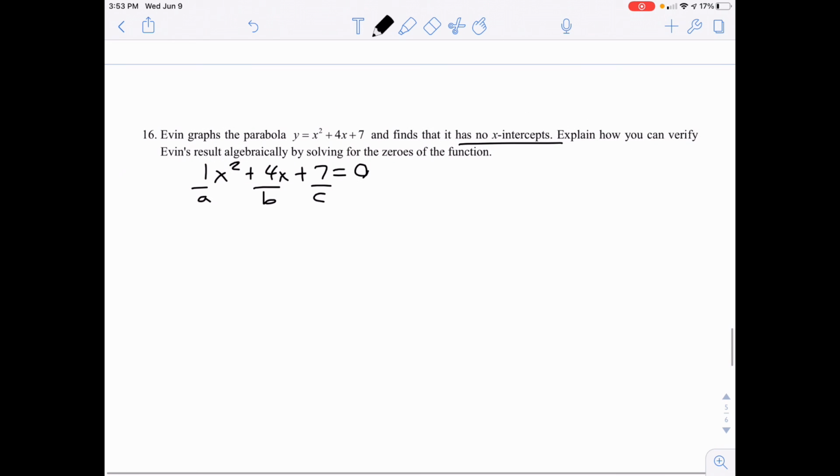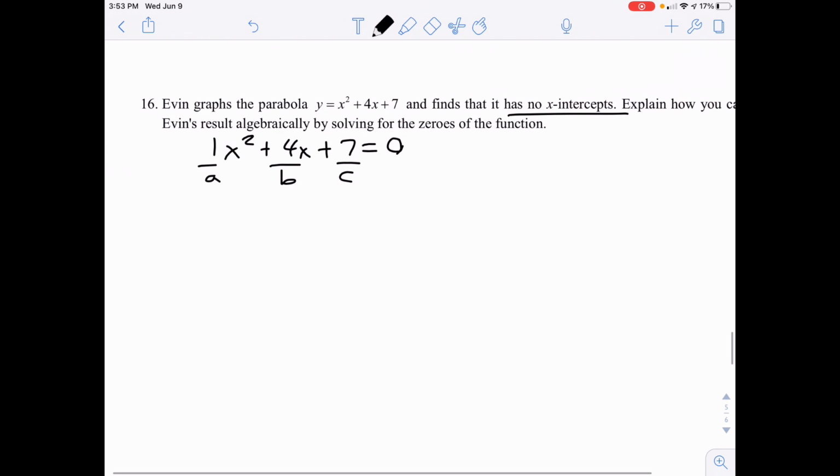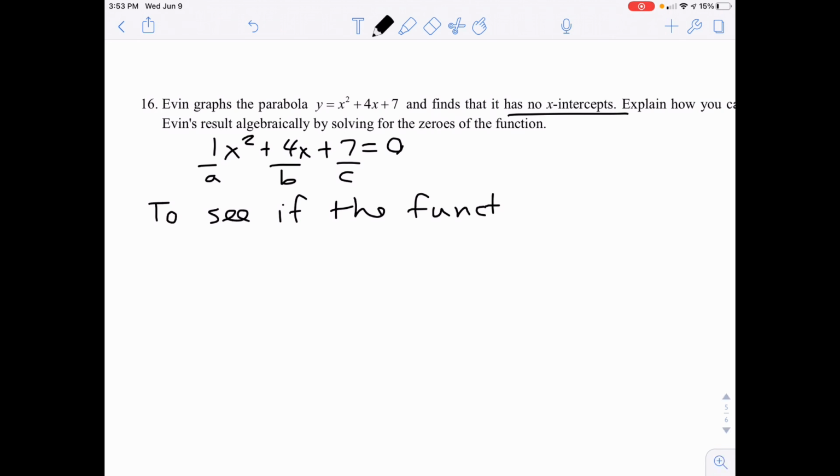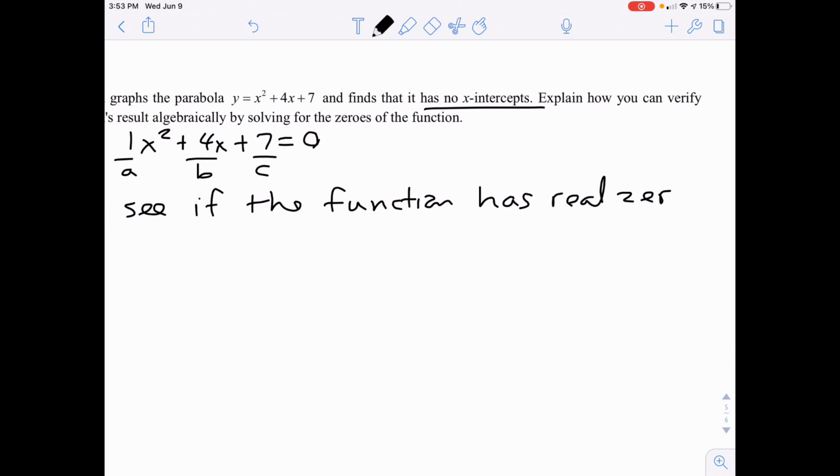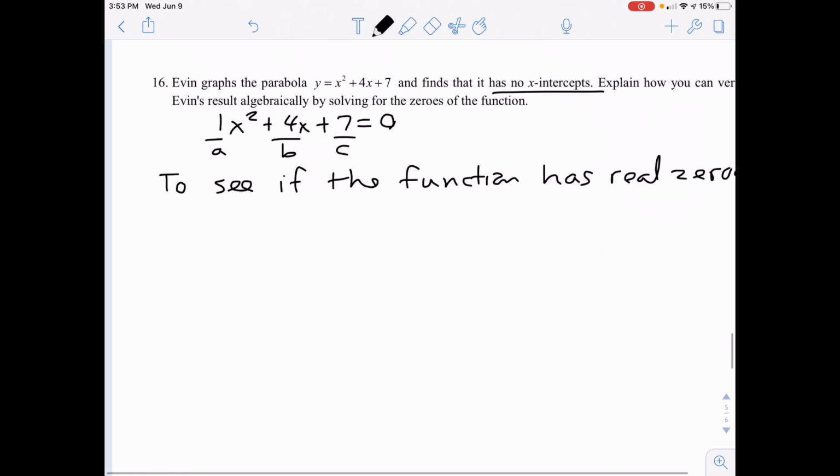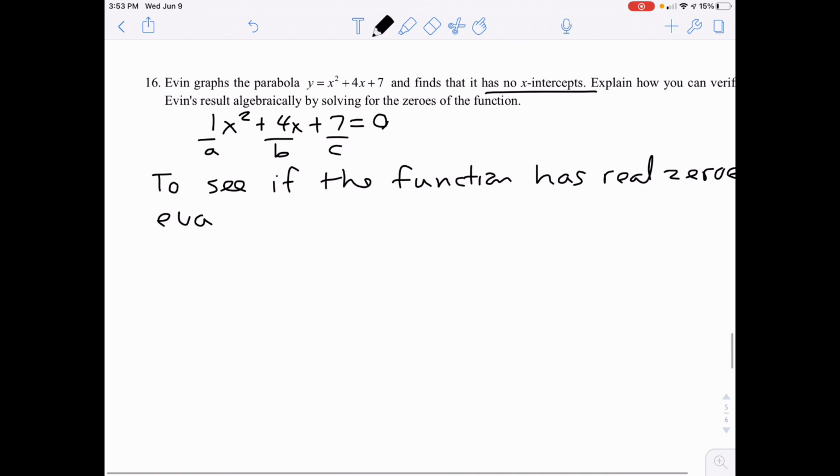Now, to see if the function has real solutions or real zeros, you can plug it into the quadratic formula if you want to, but the easier way to do it, the faster way to do it, is just simply evaluate the discriminant.